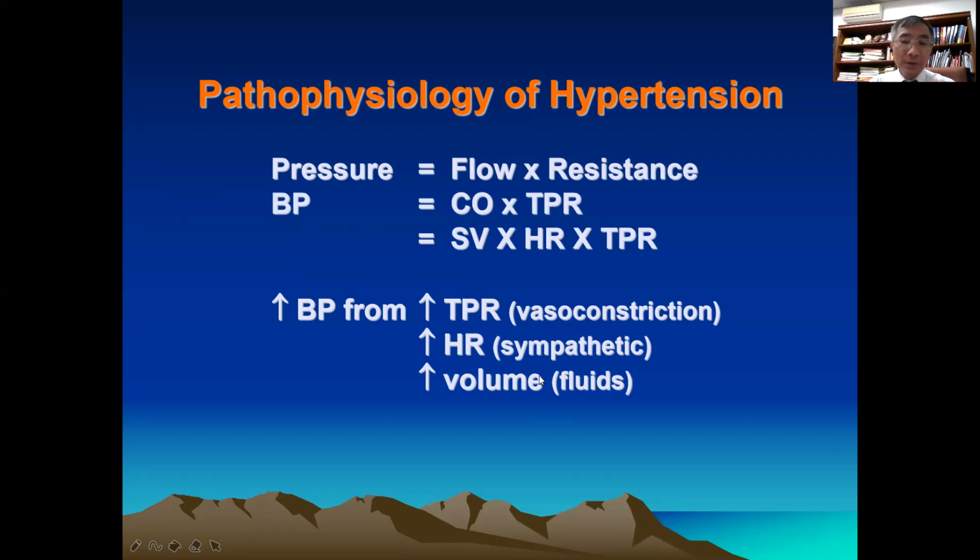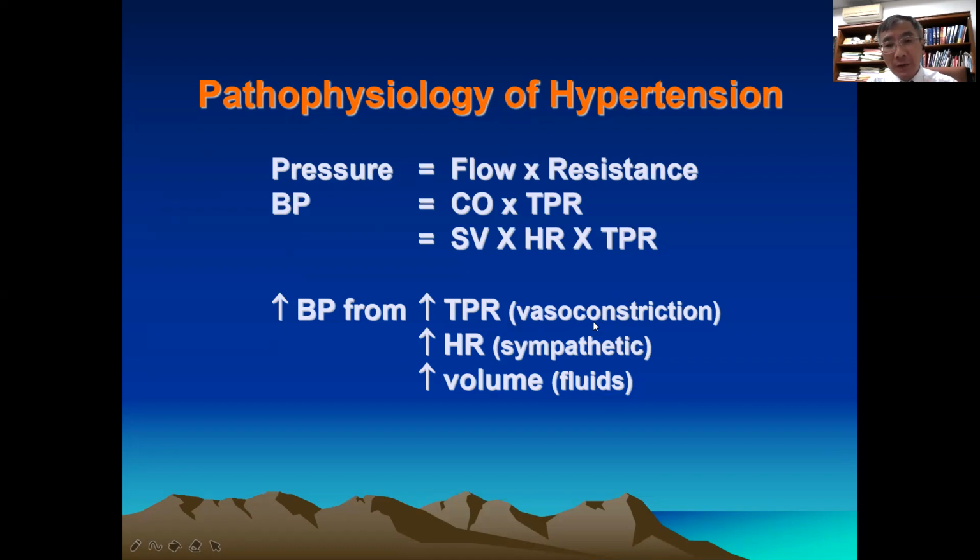However, it is very difficult to identify a single risk factor for a particular patient if they come with elevated blood pressure. It is often a combination of vasoconstriction, sympathetic overdrive, and fluid overload. And most of them have a history of hypertension, and most of them are in the older age group. So, as a result of aging, the circulatory system changes.